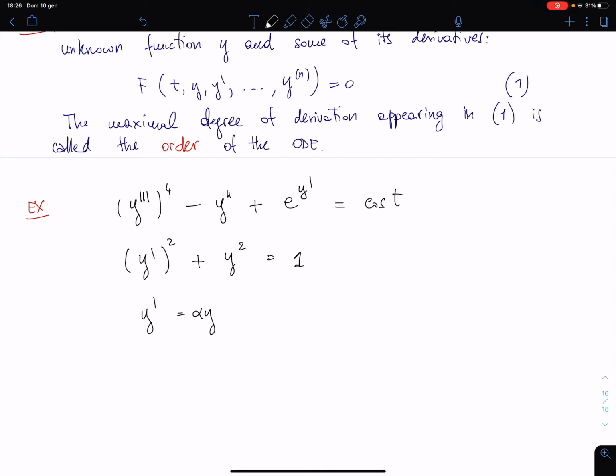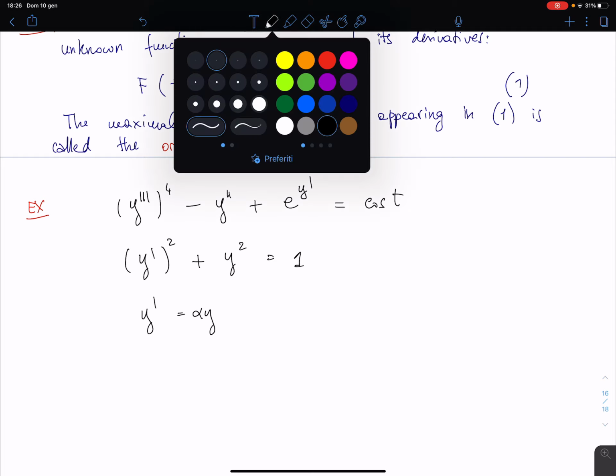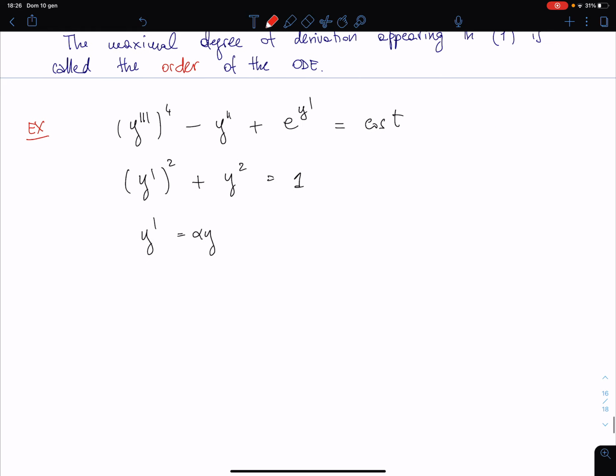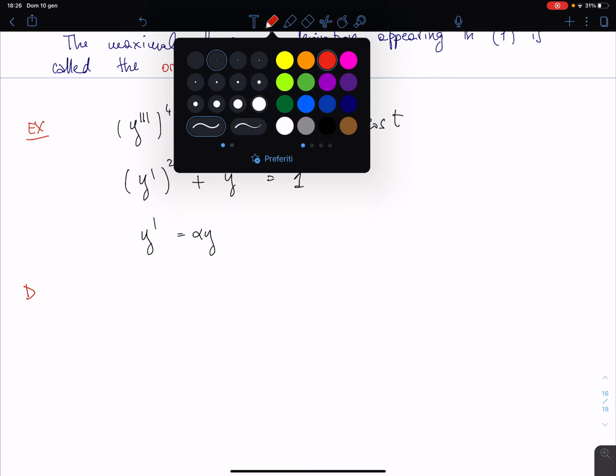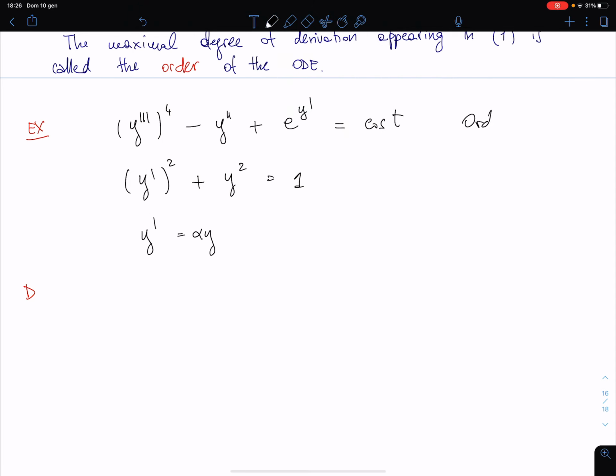But this is not the typical differential equation we will study, because we need a special form, a simpler form. Let me say that the order here is 3.